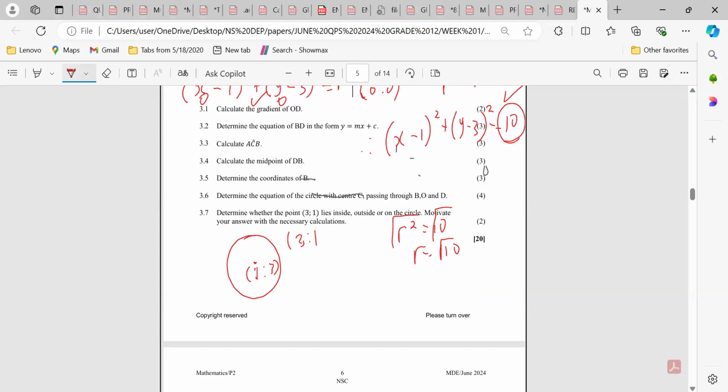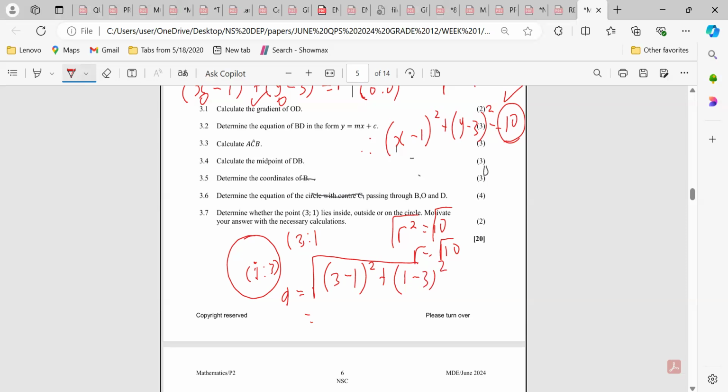But let's calculate. They didn't say the name of the point, so we're going to call it D. D is going to be given by 3 minus 1 all squared plus 1 minus 3 all squared.